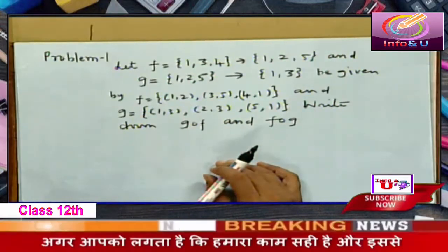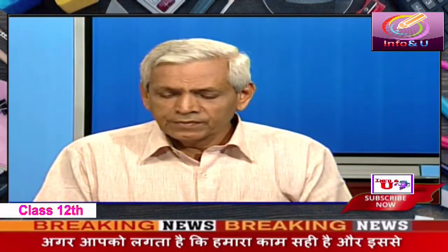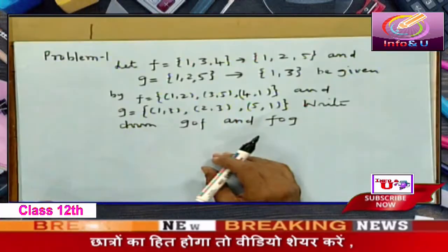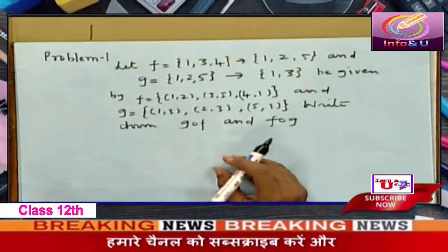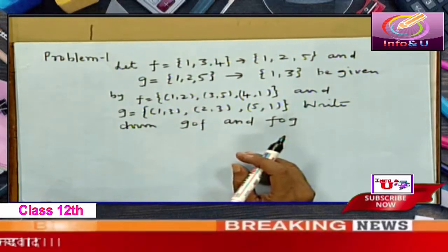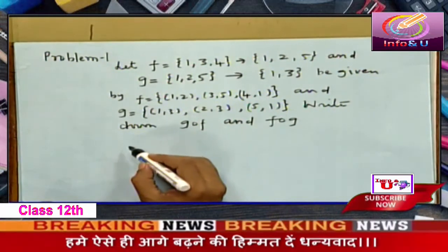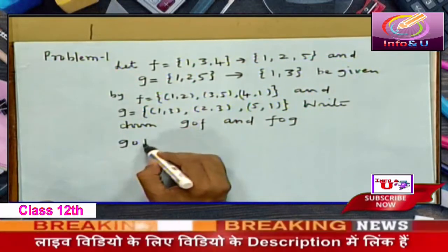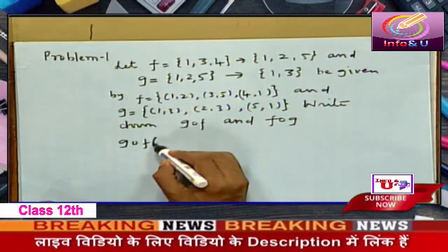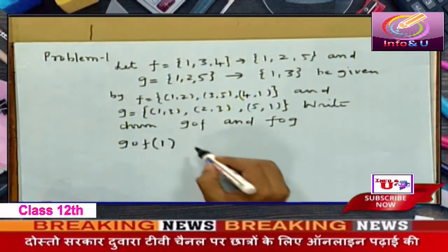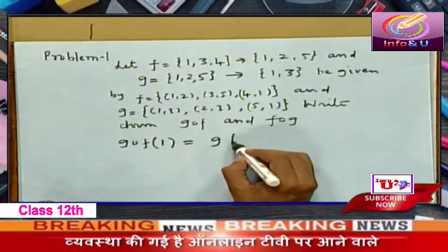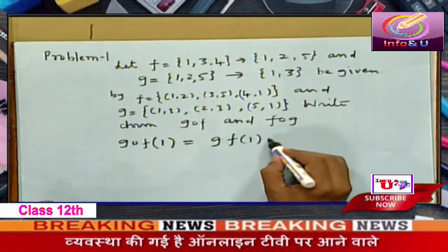Let us take now an example. We are given two functions f and g, and we have to find GOF as well as FOG. First we find GOF. For GOF of each element, say first 1. This is G of f of 1.